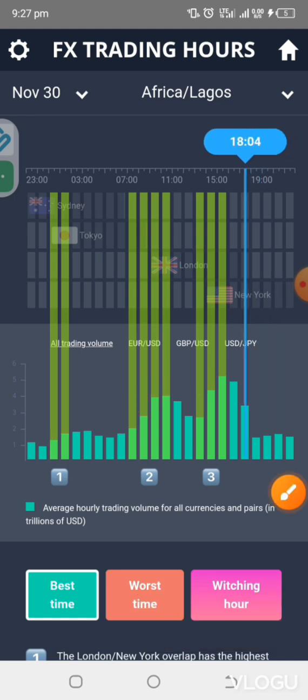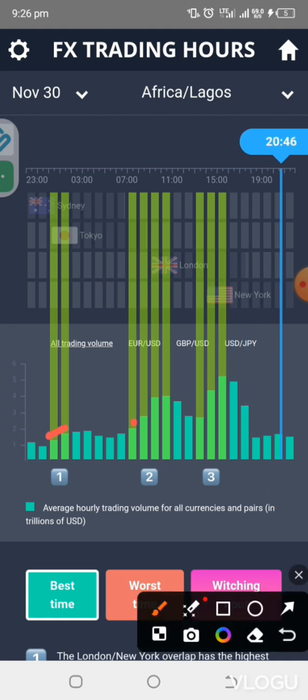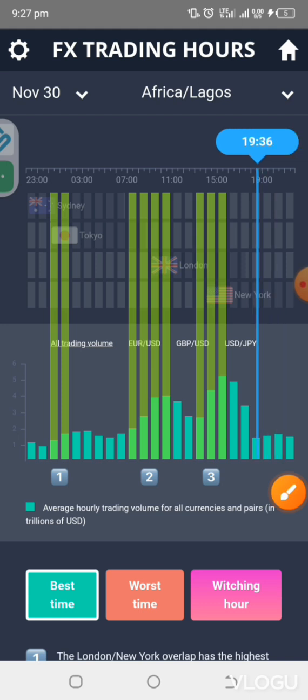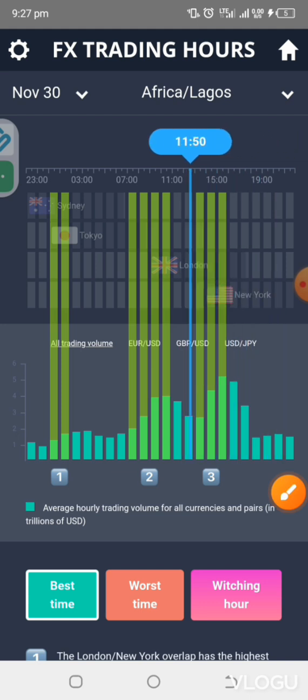You can see small liquidity between the Sydney and the Tokyo overlap. You can see much higher liquidity at the start of the London session, and we can see the highest liquidity between the London and the New York overlap.